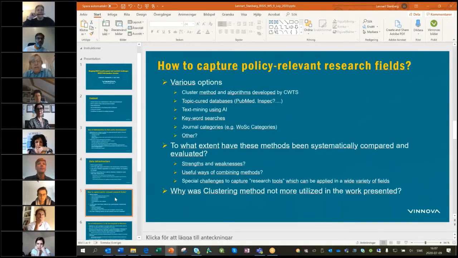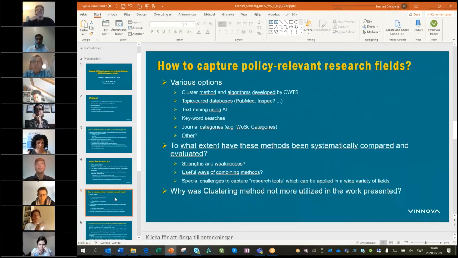I'd like to take up a somewhat technical question, which is one that actually brought me to become interested in using bibliometrics more intensely than I did in the past. For a long time, the available means for capturing policy relevant research fields were not really adequate or very useful.